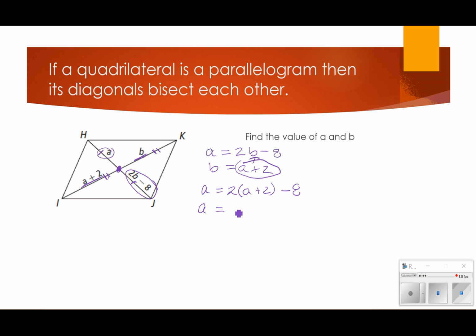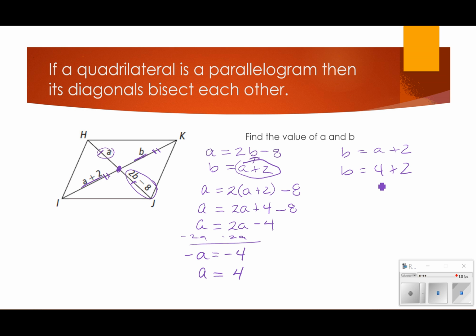So A equals 2A plus 4 distributing, minus 8. A equals 2A minus 4. If I subtract 2A from both sides, I'm going to get negative A equals negative 4, and then that would mean that A is just 4. So now that I know what A is, all I have to do is substitute that into the B equals A plus 2. So B equals 4 plus 2, or B equals 6.